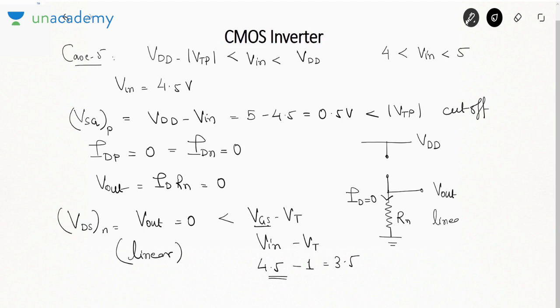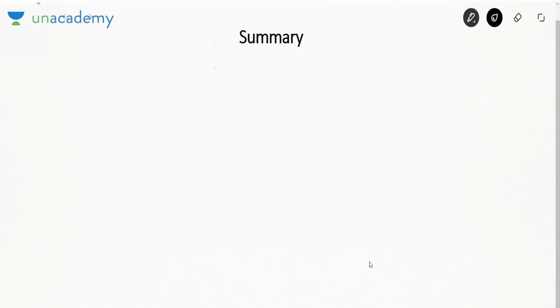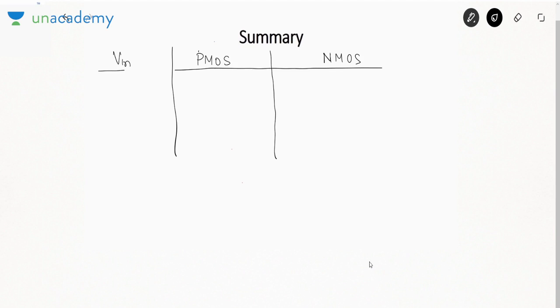So now we have obtained the summary of all the operating regions. Let me summarize those regions for you. Okay. So if we summarize the regions that we have obtained for CMOS inverter, Vin.